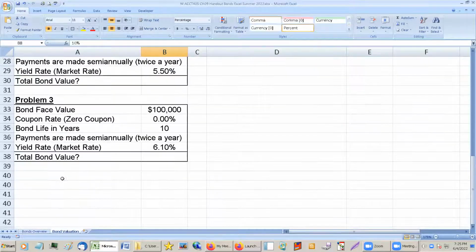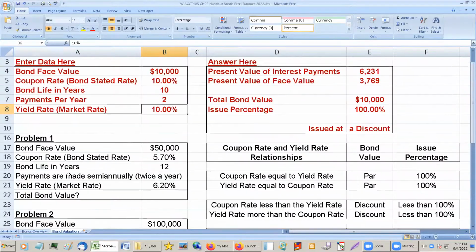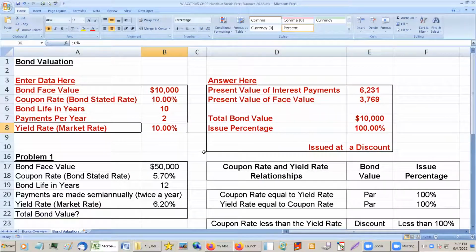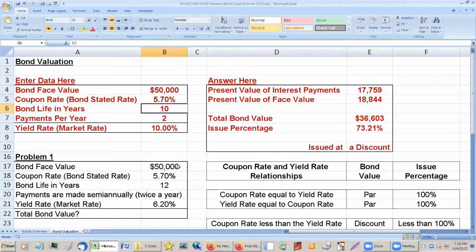So what we're going to do is problems 1, 2, 3, and see what the bond values are. Okay, so let's take problem 1. The bond face value is 50,000. The coupon rate, or the bond stated rate, is 5.7. Life in years is 12. Payments per year: a lot of times they'll be paid semi-annually, so this is twice a year.